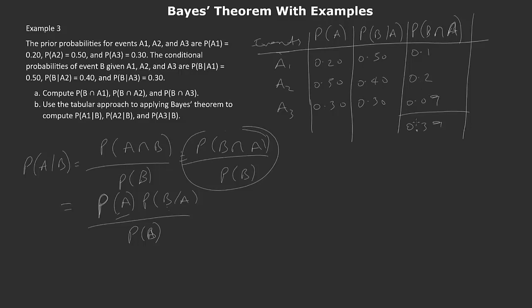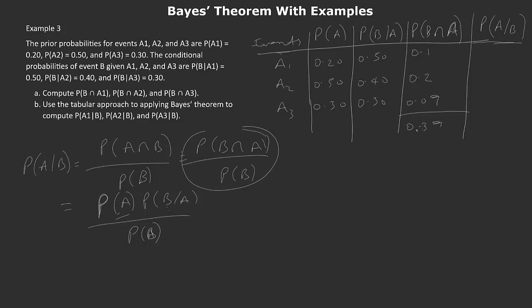Then for the second question, use the tabular approach to applying Bayes' theorem to compute the probability of A1 given B. Basically, you are looking for the posterior of A given evidence B, right? We know that to be as simple as taking the joint probability divided by the sum.